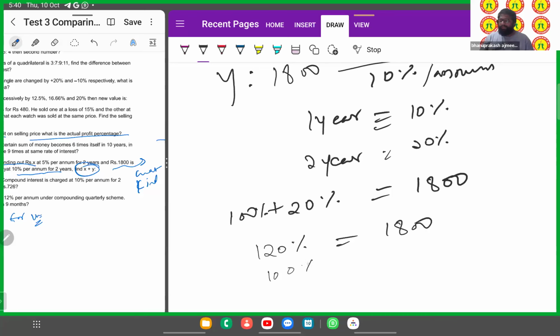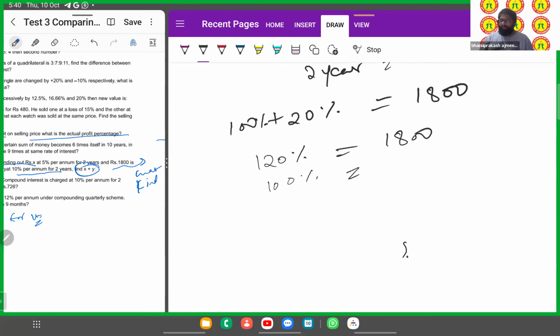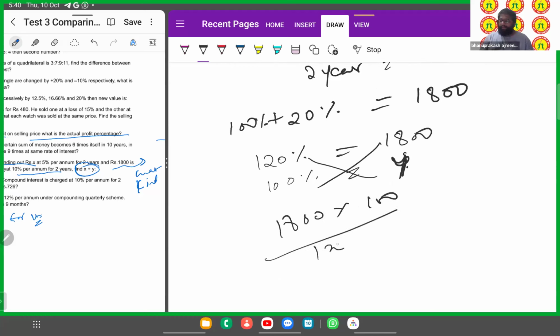So 100% is equal to how much? Let the amount before, when it is 100%, be Y. So 1800 into 100 by 120. The zeros get cancelled, and what is left is 1500.